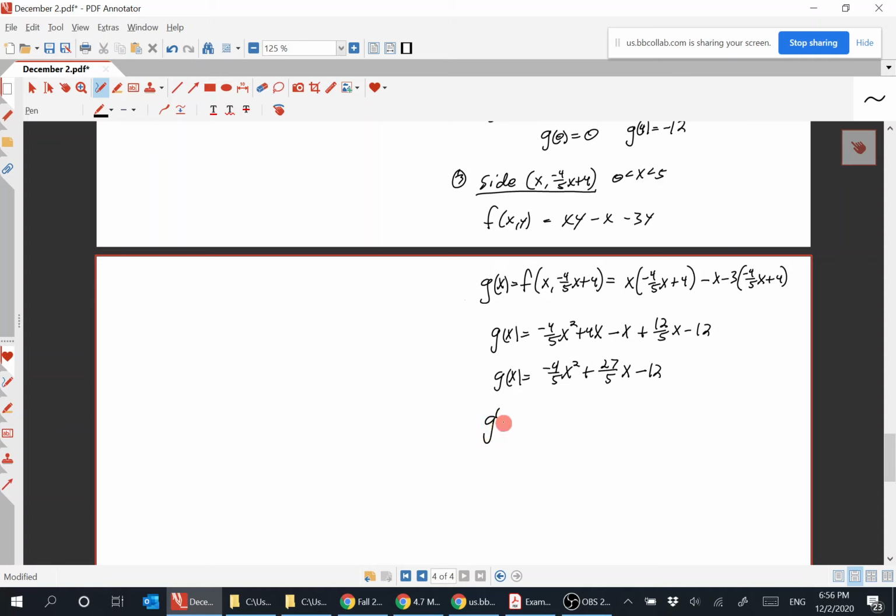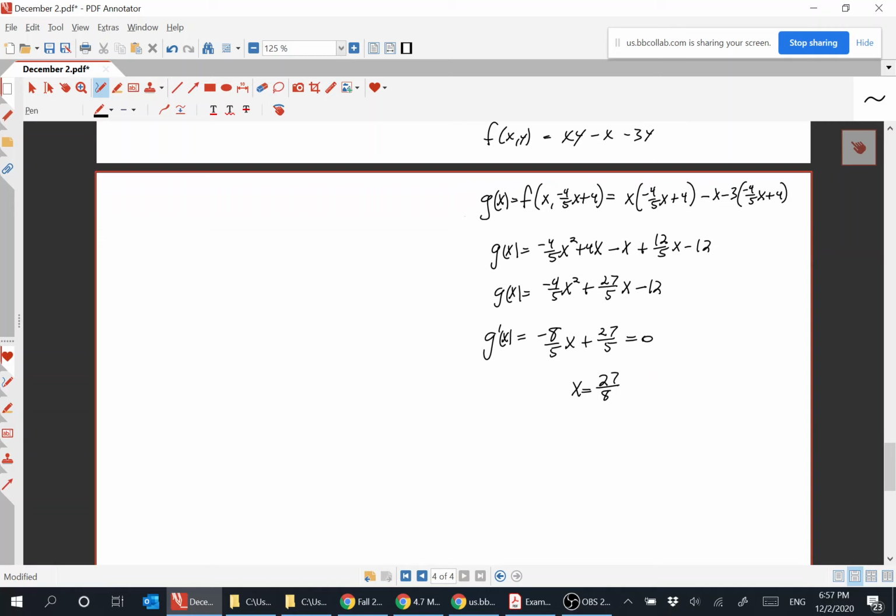So g prime is equal to minus 8/5 x plus 27 over 5. Set that equal to 0. So we've got x equal to 27 over 8. That's a crappy number. So anyway, x is 27 over 8, and put that into that function.